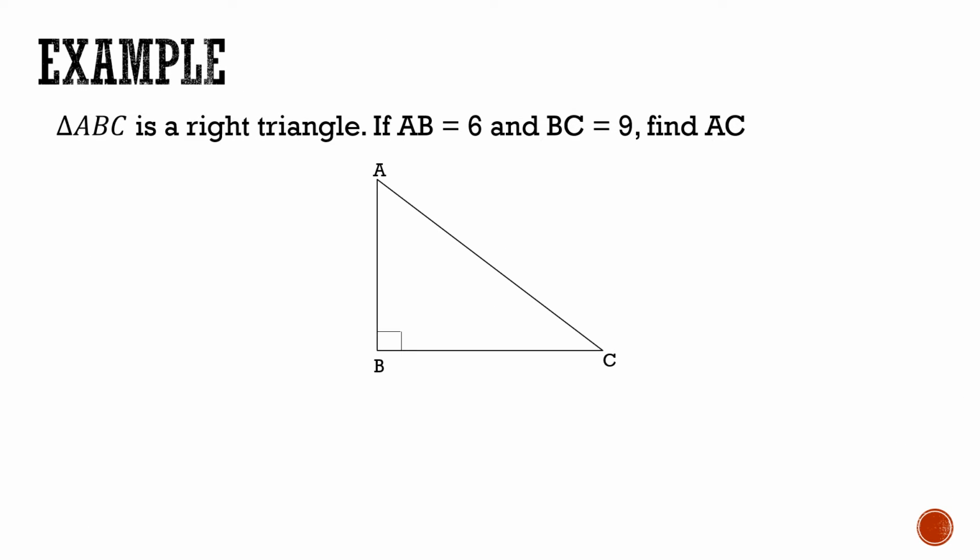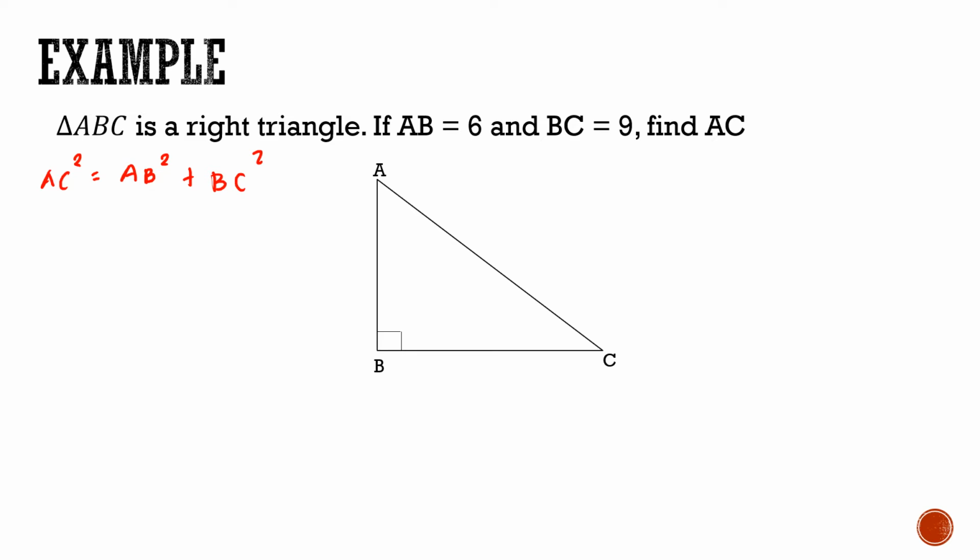Example. Triangle ABC is a right triangle. If AB is equal to 6 and BC is equal to 9, find AC. Now remember our Pythagorean theorem states that the square of the longer leg, or hypotenuse, is equal to the sum of the squares of the other two legs.